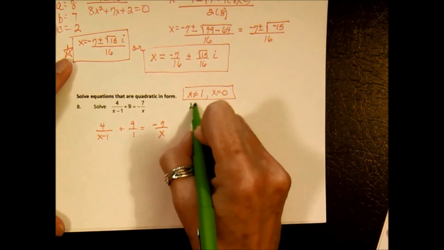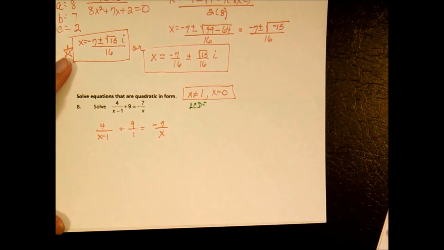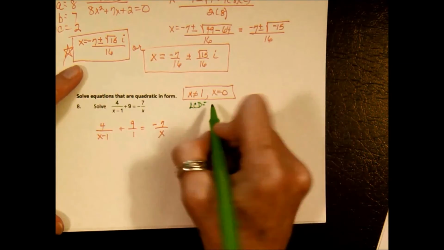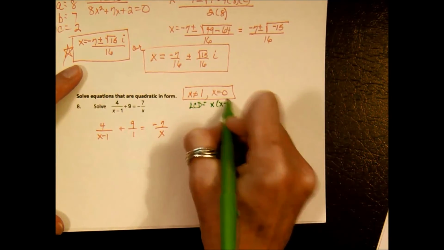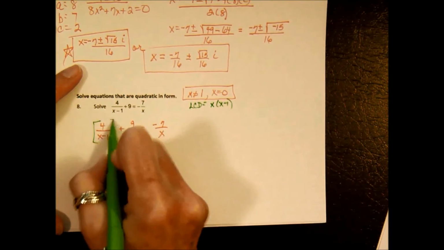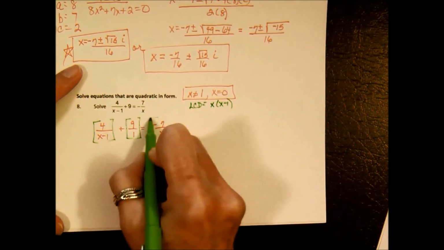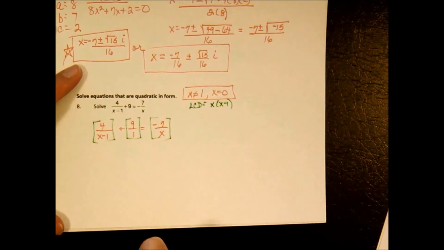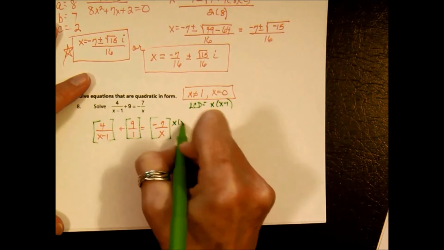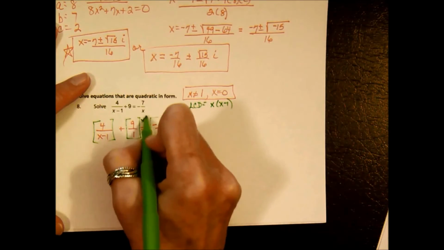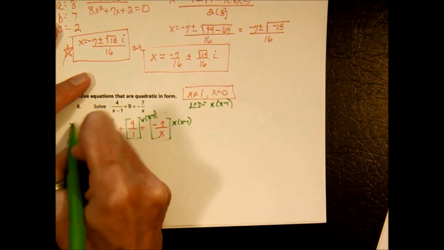Well, the LCD in this case is whatever it would take to cross cancel all denominators. So I would need an x and an x minus 1. So you're going to put each term in parentheses, and beside it you are going to write x times x minus 1, x times x minus 1, x times x minus 1.